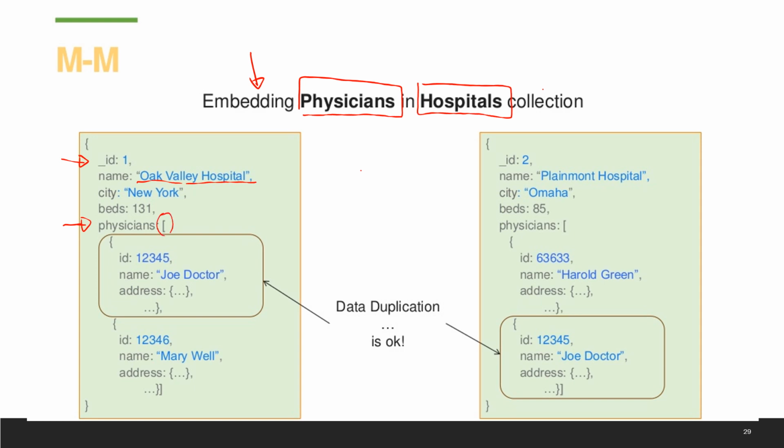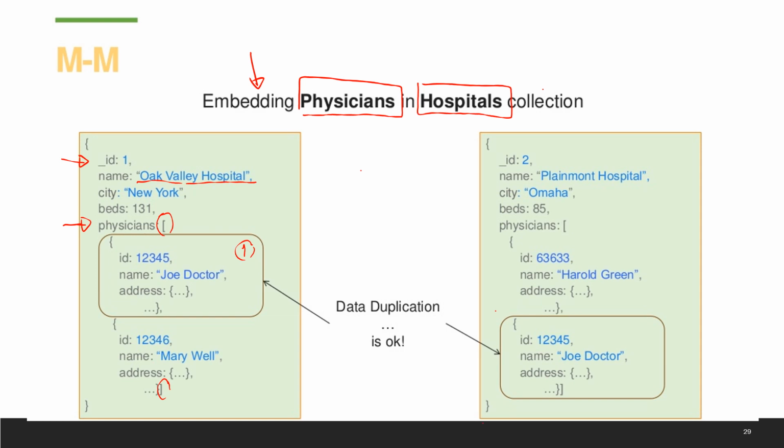You can see it is an array consisting of subdocuments, and each subdocument describes a physician who works for that hospital. So this subdocument 1 is for the doctor ID 12345, whose name is Joe Doctor, and so on.